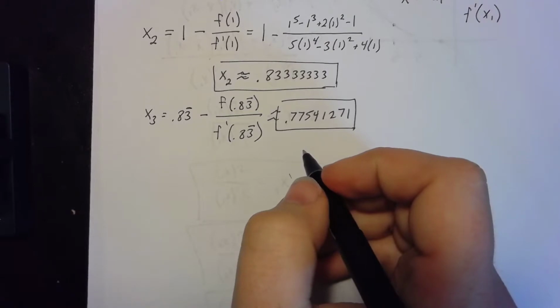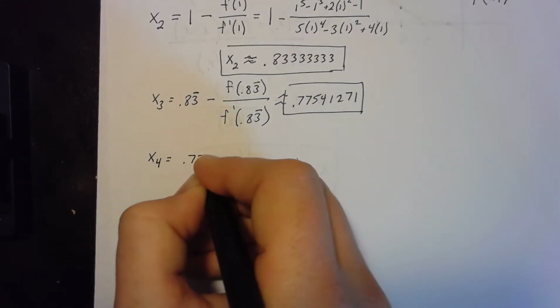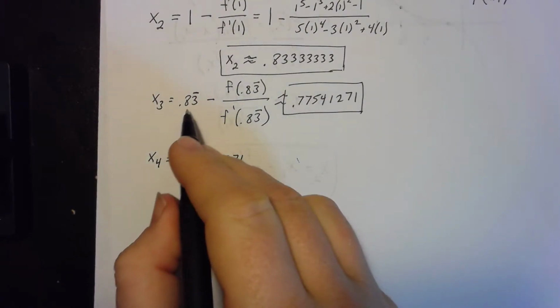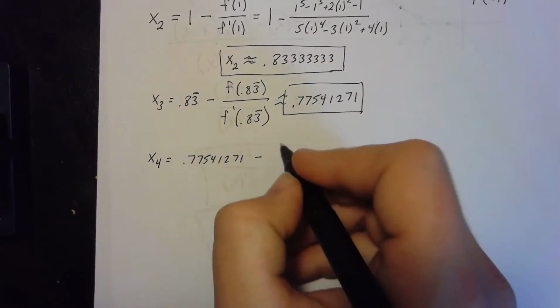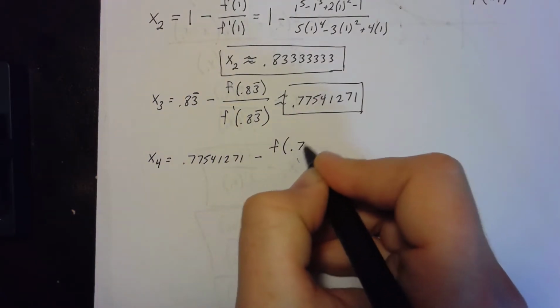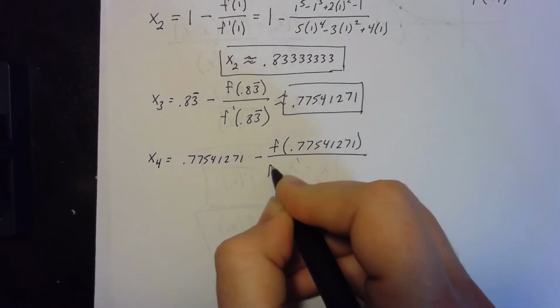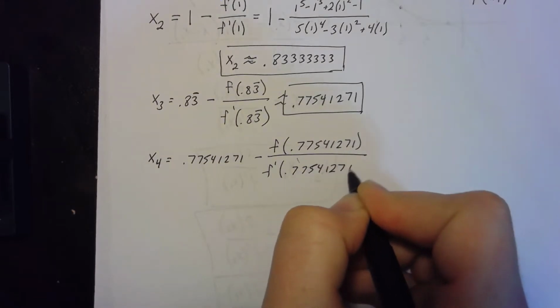Now we shouldn't stop doing this, so I'd do x4, and I'd plug in 0.7754171. I'm typing all that in this time because I can't abbreviate it using that tool. So I'm going to have f of 0.7754171, and I'm going to divide that by the derivative at 0.7754171.